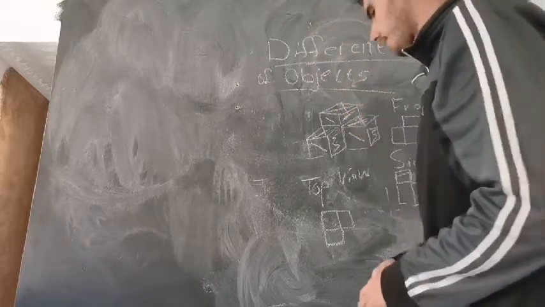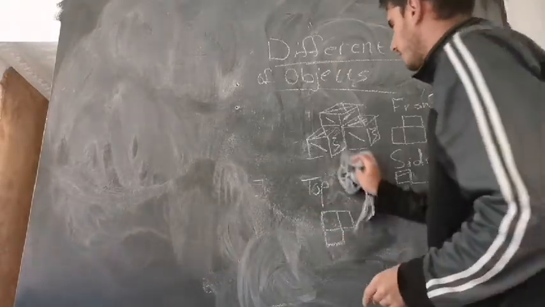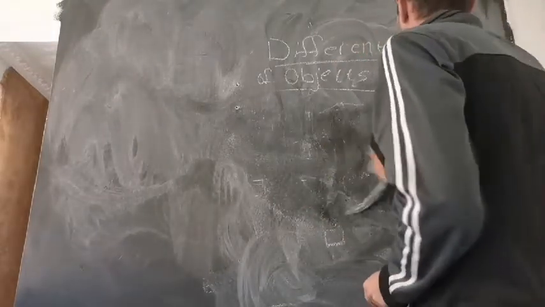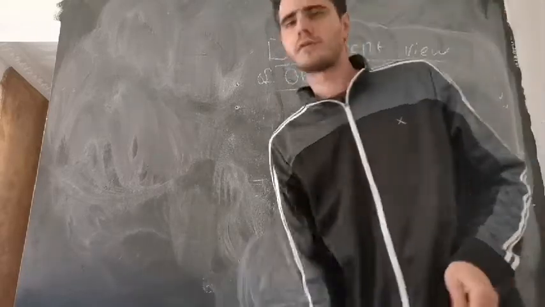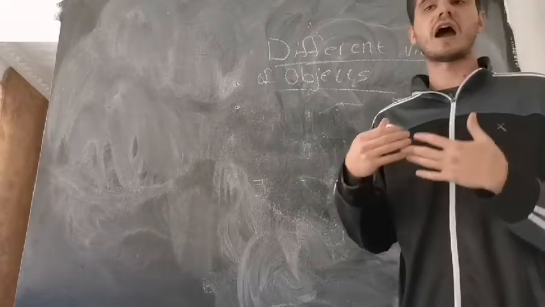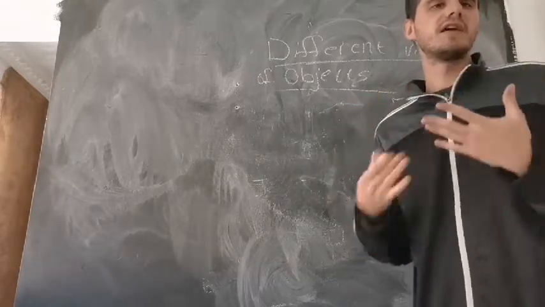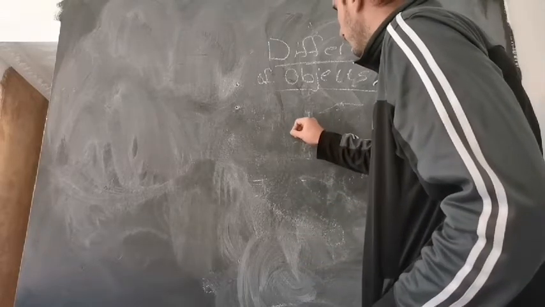Okay, now let's do a few more examples of these to make sure that you understand it. Usually what this requires of you is to use your imagination to see how your object is going to look from the front, side, and top view. Now let's do one more.